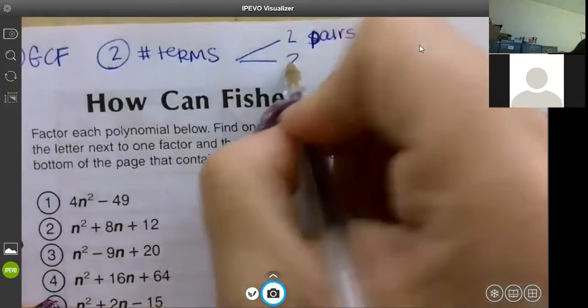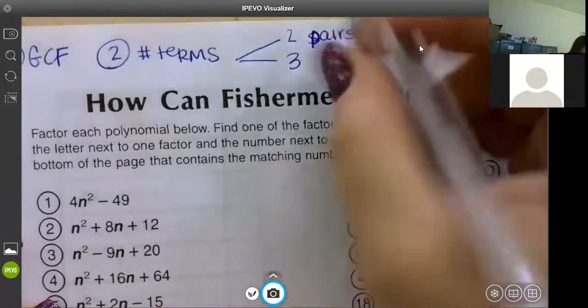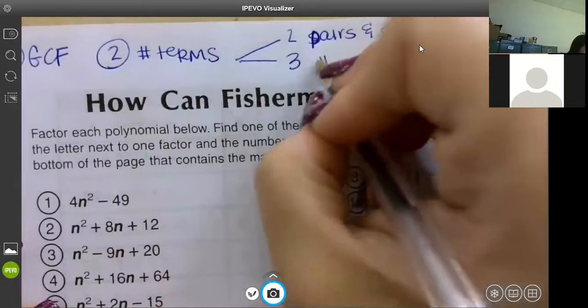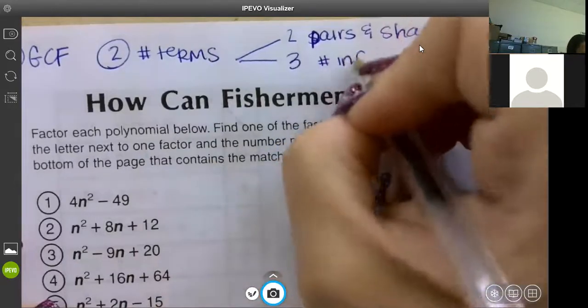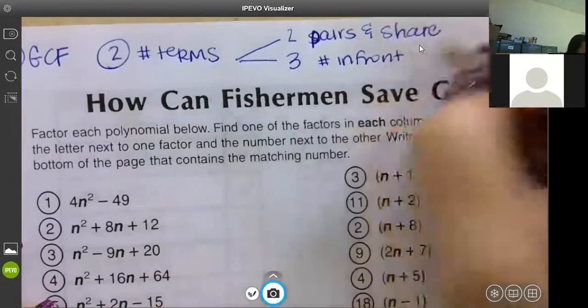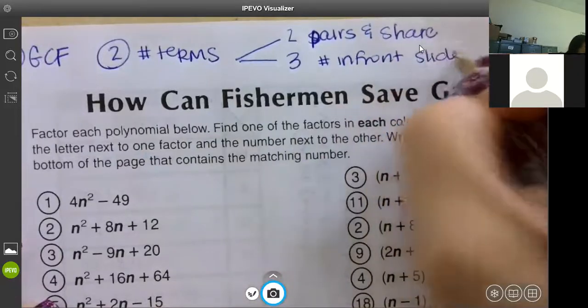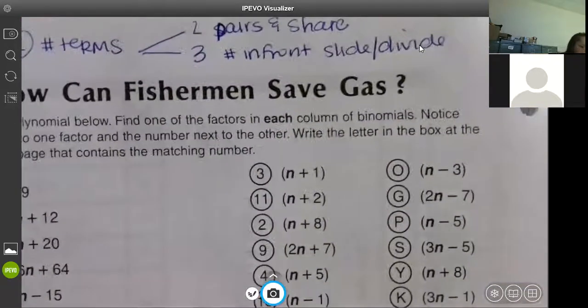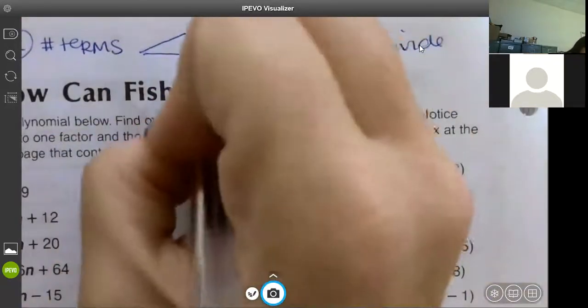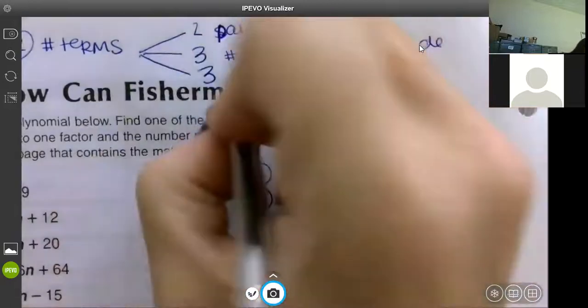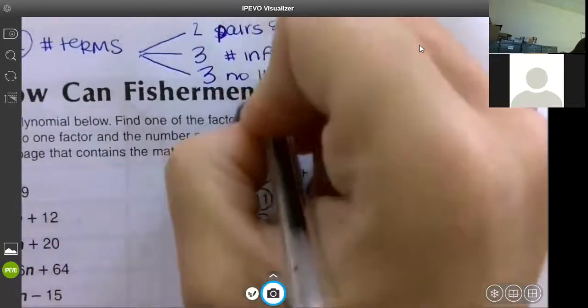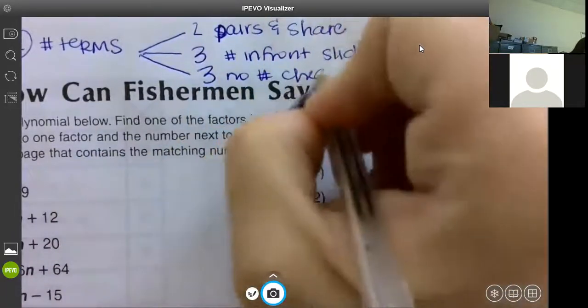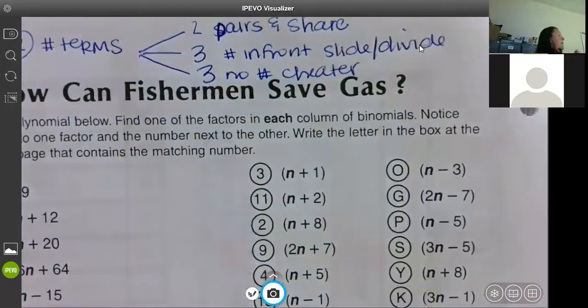If it's three terms and you have a number in front, that's slide and divide. If you have three terms and no number in front, that's cheater method. And then the last page was four terms is grouping. So those are the only things that you have.